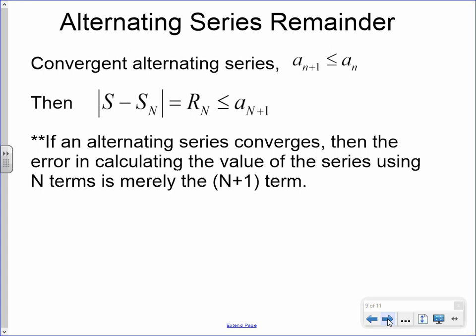So basically, if you found the 5th partial sum, then its error in approximating the infinite sum is less than or equal to the 6th term.